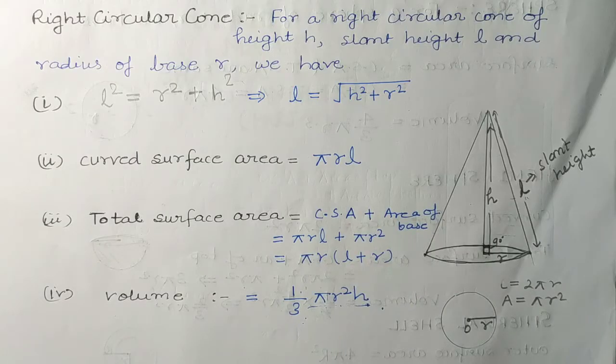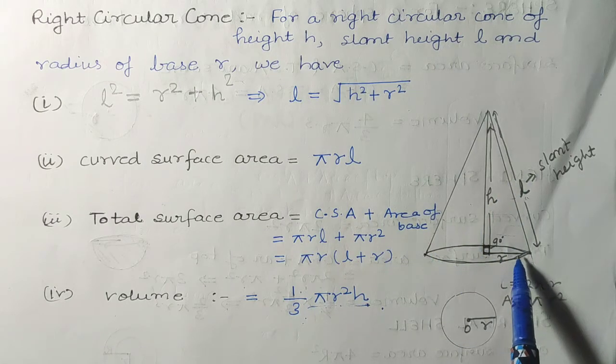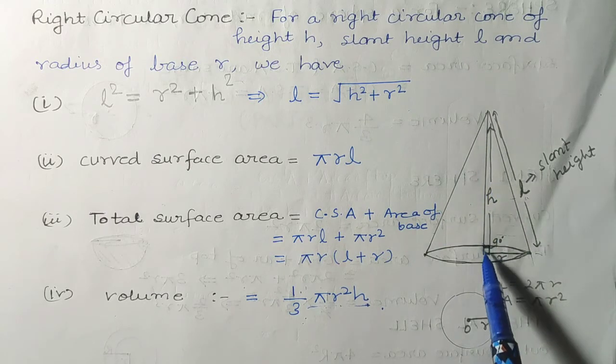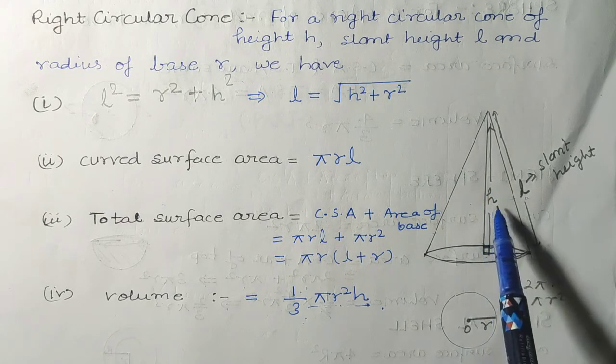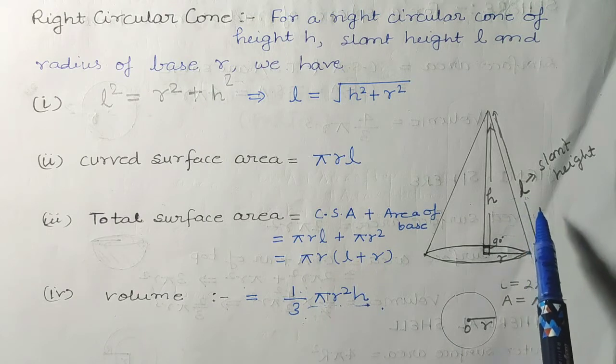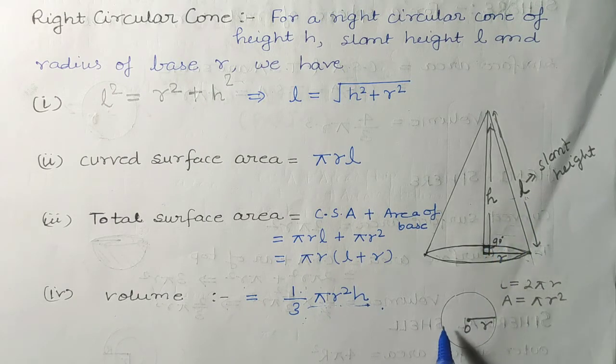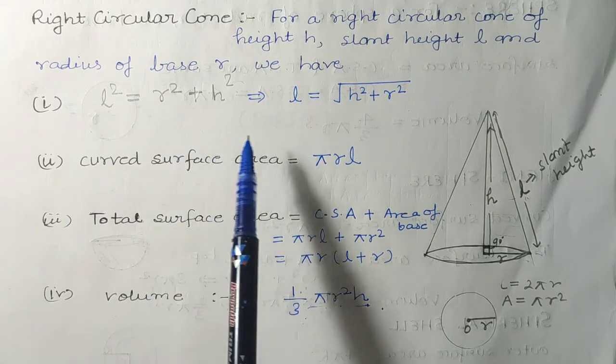After that we have studied right circular cone. This is a cone whose base is in the form of a circle, and this is its slant height, and this is its vertical height. Vertical height is small h, slant height is small l, and this is the radius, and here the angle is 90 degrees.